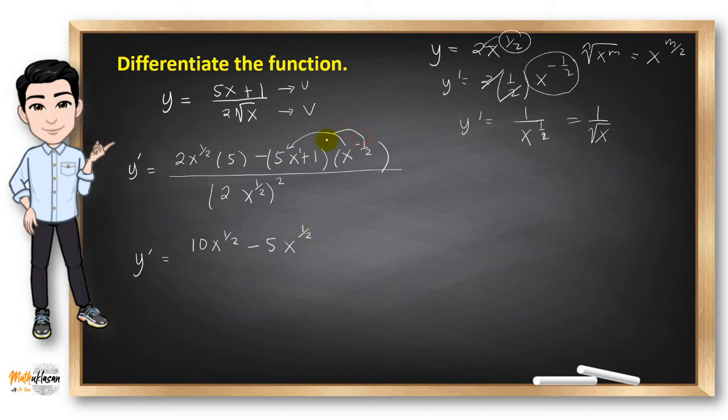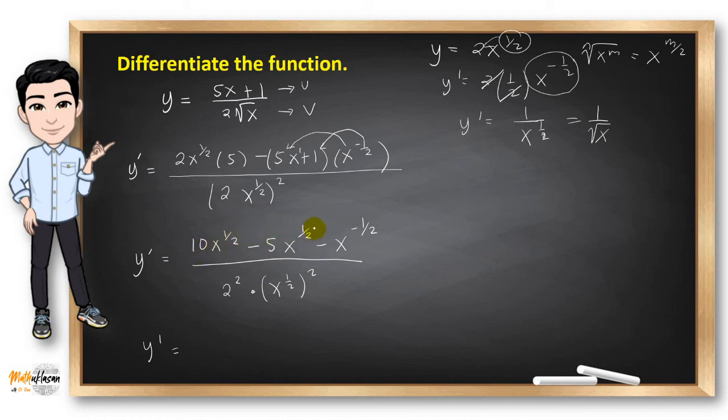So, 1 half ito. Okay? And then this one, multiply natin dito, parehas lang. So, minus, kasi minus to. Then, we have here x raised to negative 1 half kasi times 1 lang naman to. Ayan. So, nakikita na natin, di ba? Unti-unti na umaayos. And then this one, by law of exponents, i-distribute natin yung squared dito. So, 2 squared times x raised to 1 half squared. I-distribute din natin yan. So, y prime now is equal to, ano kaya yung mga like terms dito?